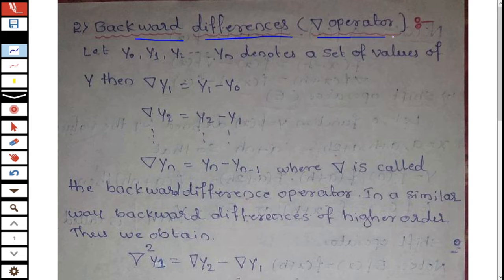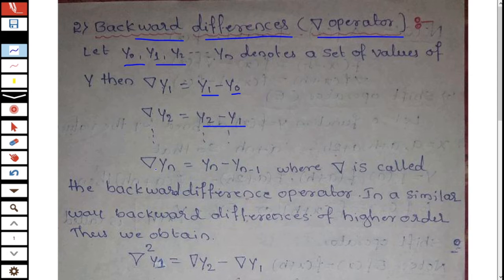Backward difference operator, del. Let y0, y1, y2, ..., yn denote a set of values of y. Then the backward difference del of y1 equals y1 minus y0, and del of y2 equals the first difference, that is y2 minus y1.